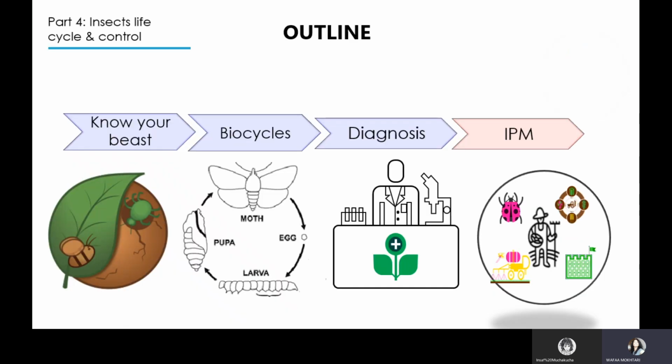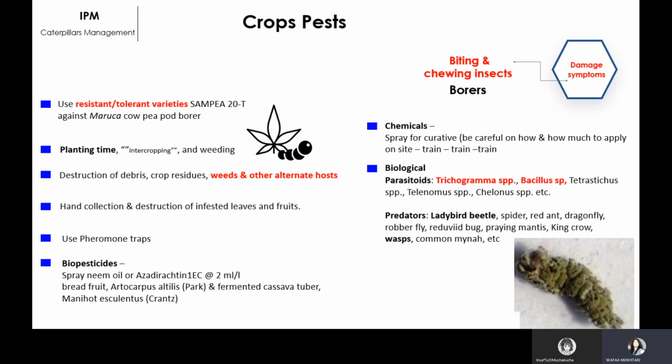How to control a borer? There is a lot of things to do as an IPM for borer management. You can use resistant or tolerant varieties. There are some against Maruca. Be sure to use pheromone traps and help yourself by destroying debris, crop residues, weeds, and other alternate hosts.